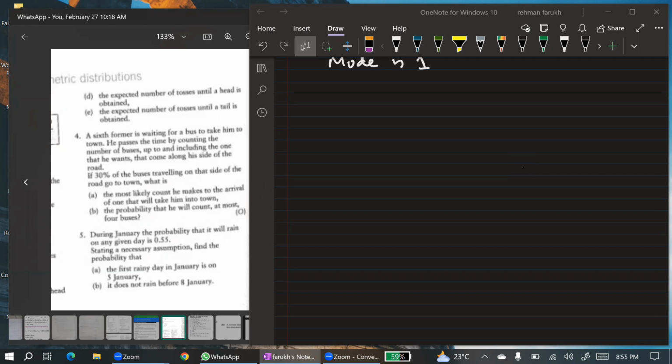So this one is a geometric distribution. If 30% of the buses traveling on that side of the road go to town, it means that the probability of success is 0.3. So we will write down the definition of the geometric distribution.